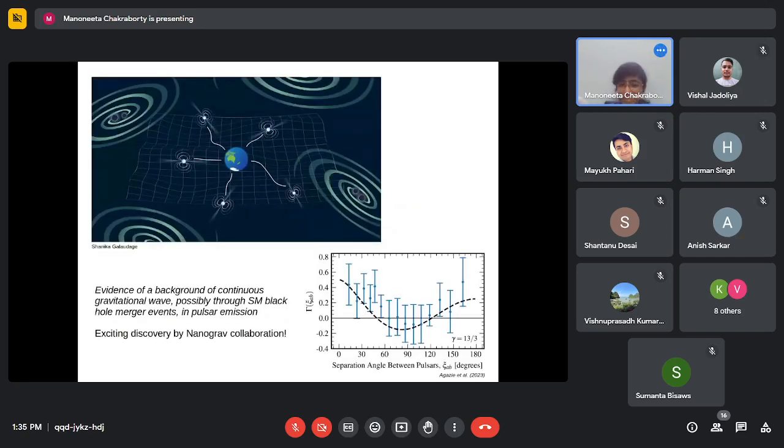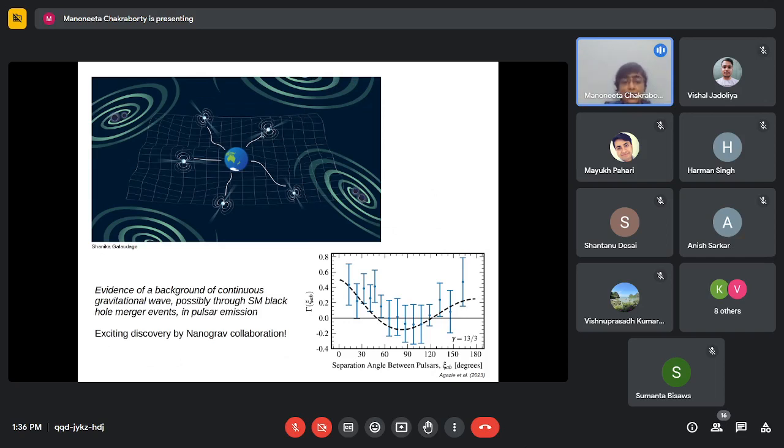And of course, I should mention that there was a very recent discovery, a couple of months back, where the pulsar timing team detected a background of continuous gravitational waves, which is coming from all across the universe, possibly from mergers of supermassive black holes.